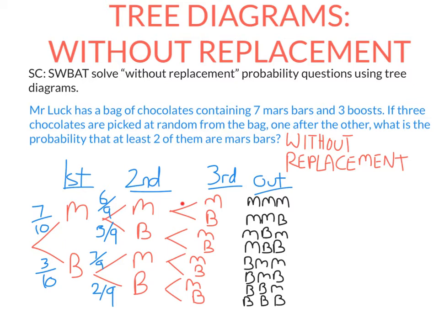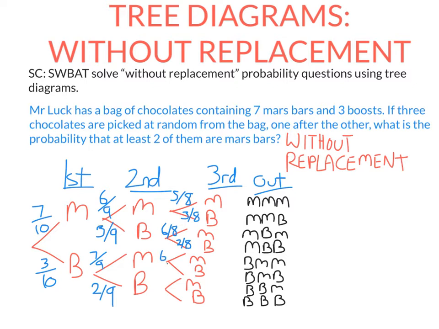So let's now look at this branch here. Let's say I picked a Mars bar first go and then a Mars bar second go. The probability I get a Mars bar the third go, well, there would now be 5 Mars bars left out of 8 chocolates in total. There'd still be the 3 Boosts left out of 8 chocolates in total. For the next one, if I get a Mars bar, then a Boost, there will be 6 Mars bars left out of 8 chocolates, and 2 Boosts left out of 8.